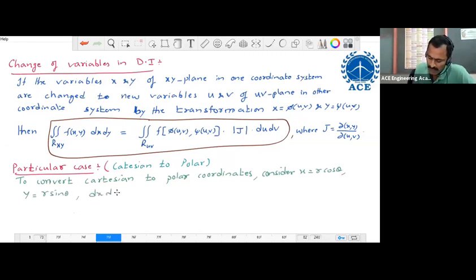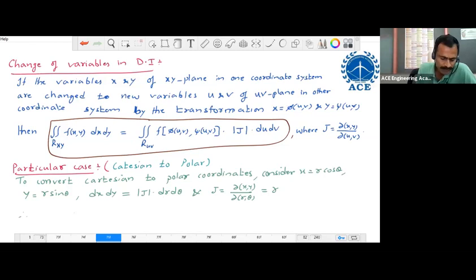Then dx dy equals modulus of J into dr d theta, and J equals dou of x comma y by dou of r comma theta, which equals r. That is, r dr d theta.